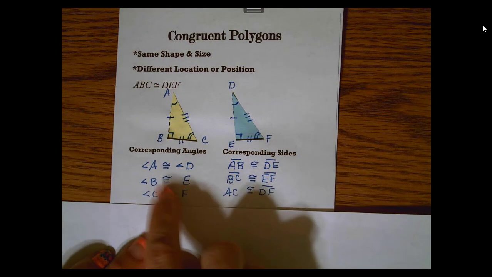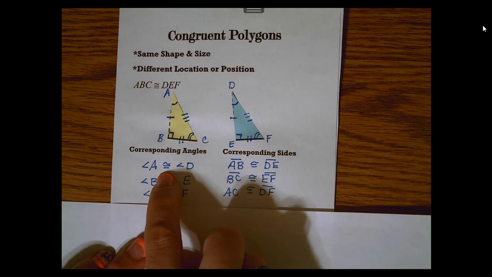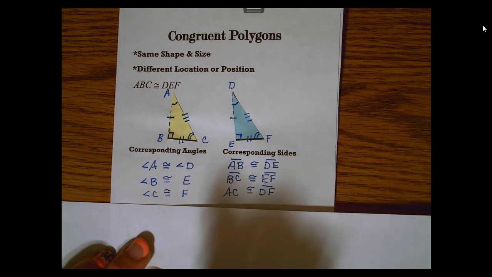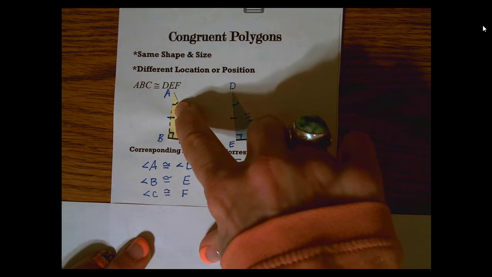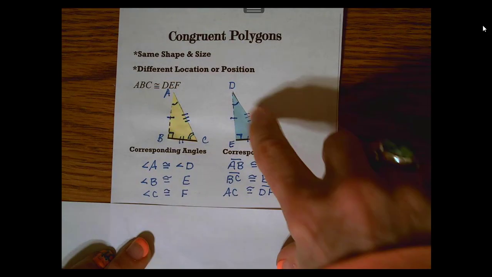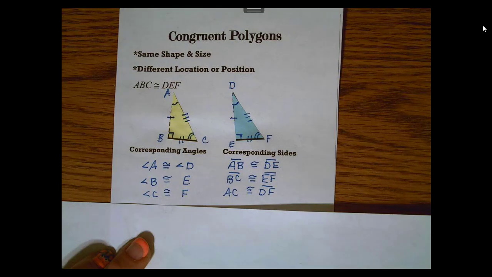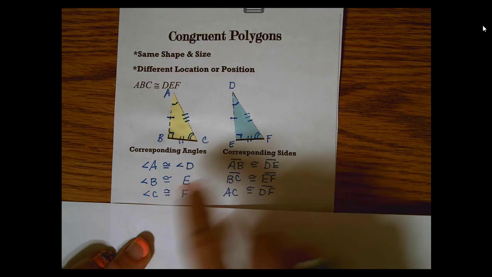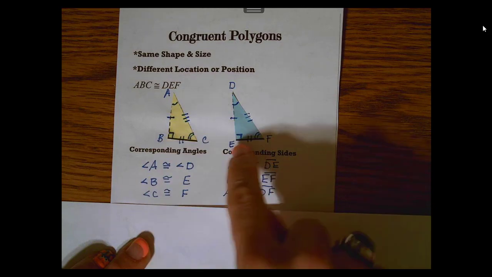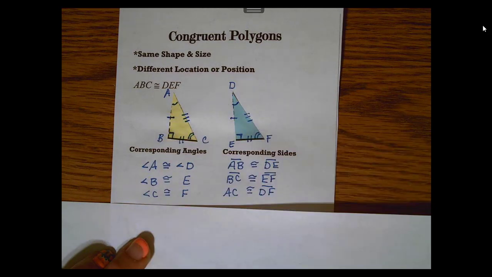So the symbol for congruent is this equal sign with the tilde on top, but it means if angle A was 20 degrees, we would know that angle D is 20 degrees. Okay, so that's what it means by corresponding. Then we know that B and E, those are 90 degrees. And then we have angle C, you know, if it was 20 and 90, well, that's 110.